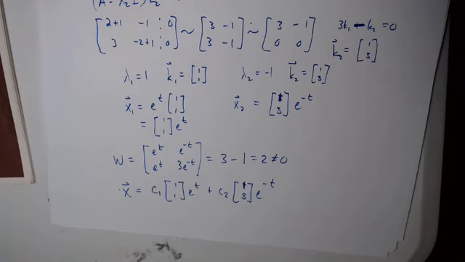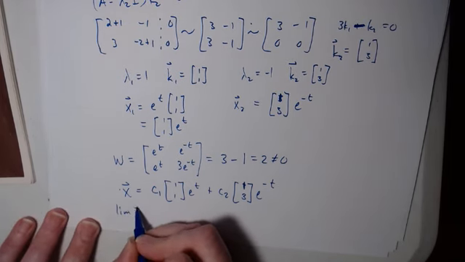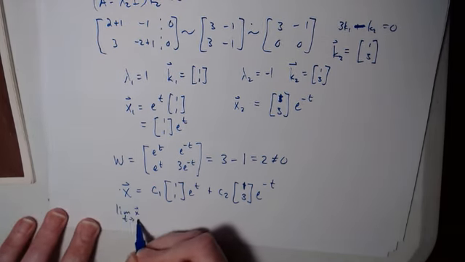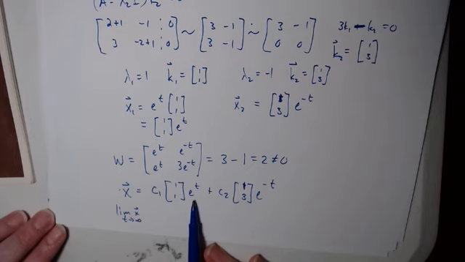I didn't ask this as part of the initial question, but the original question also asked, what is the behavior? So what's the limit of x as t approaches infinity? And you can see that it is unbounded, right?